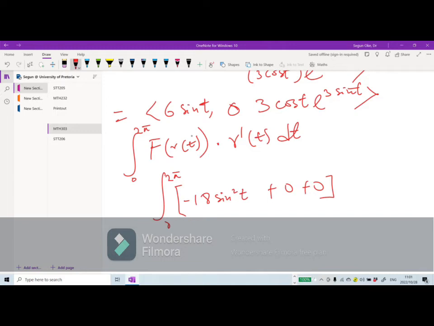At the end of the day, the t follows. When you integrate this from 0 to 2 pi, take negative 18 out.